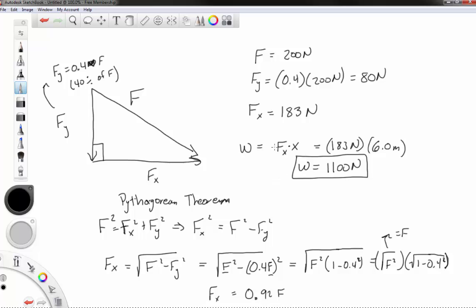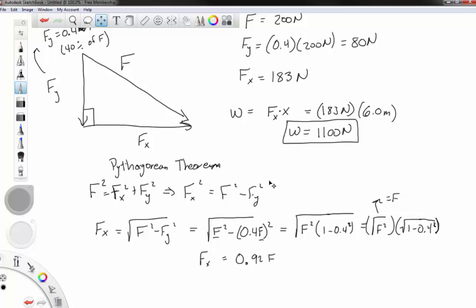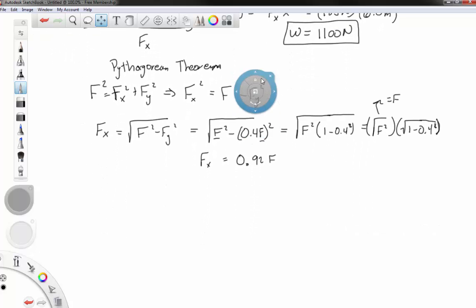The way that your textbook is approaching it is as follows. I'm going to go ahead and move all this stuff up.